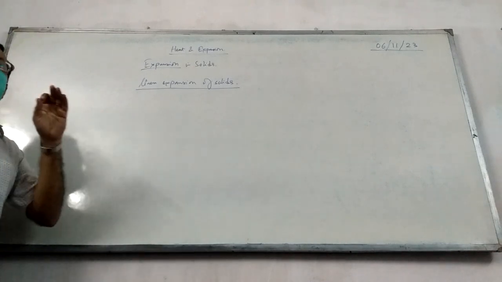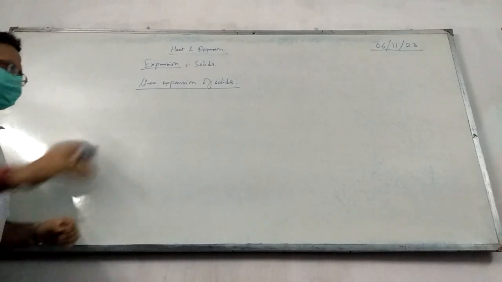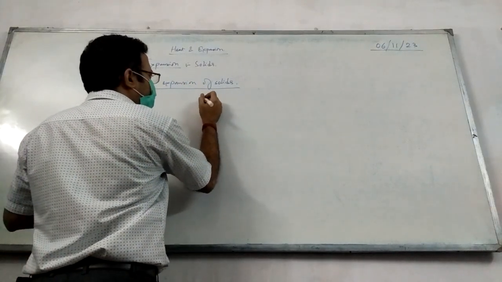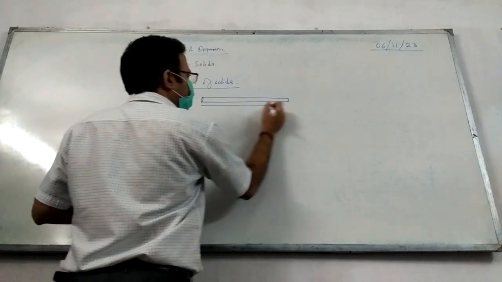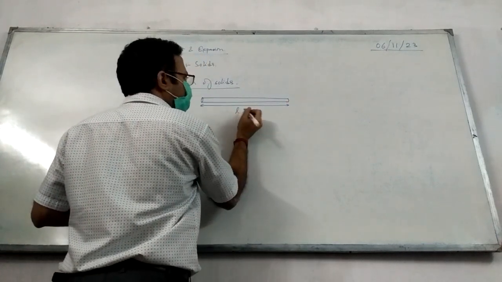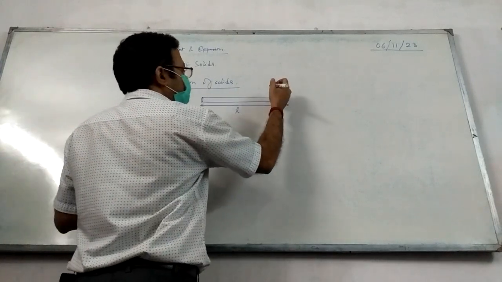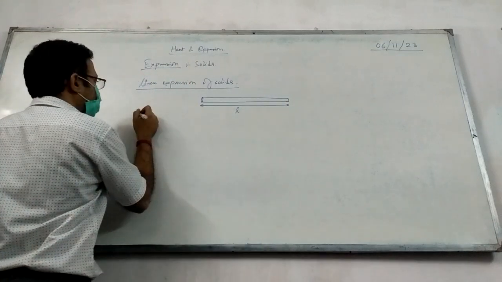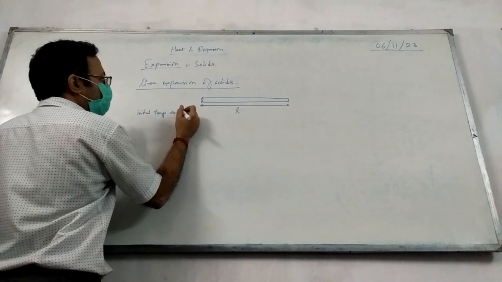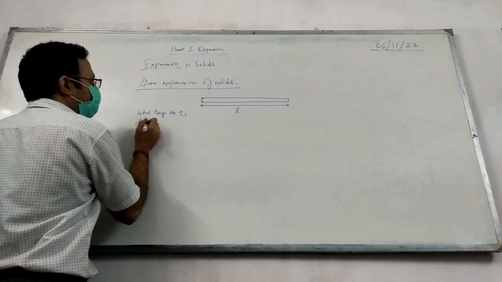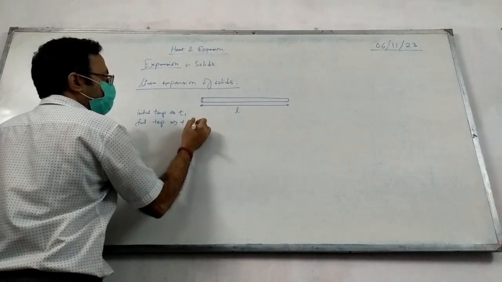Now listen, when we are doing linear expansion of solids, there is a small question. Say we have a rod of initial length L1, and initial temperature T1, and final temperature T2.